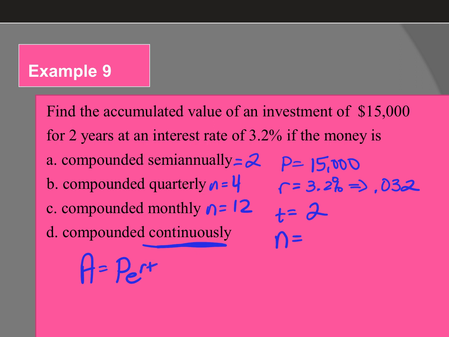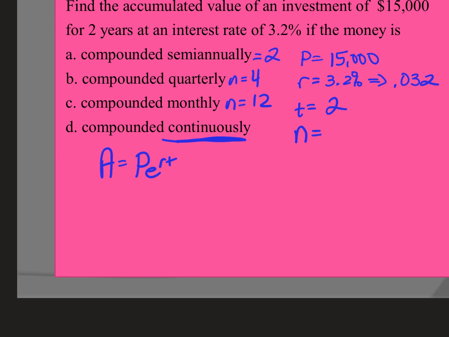So we're going to work all these out, and I want you guys to practice this in your calculators. Letter A, we'll say. Write down your formula. What is my formula? P times what? 1 plus R over N, raised to the N times T. Now I'm going to give you a little hint here.